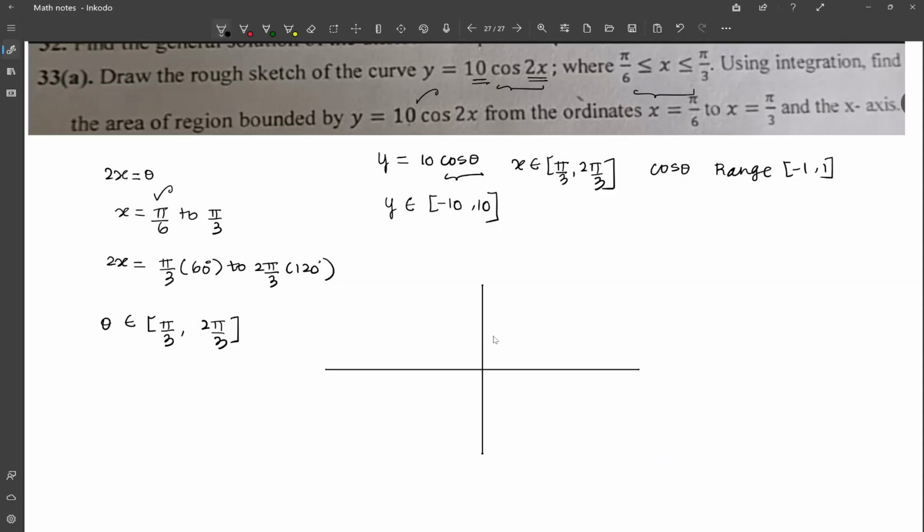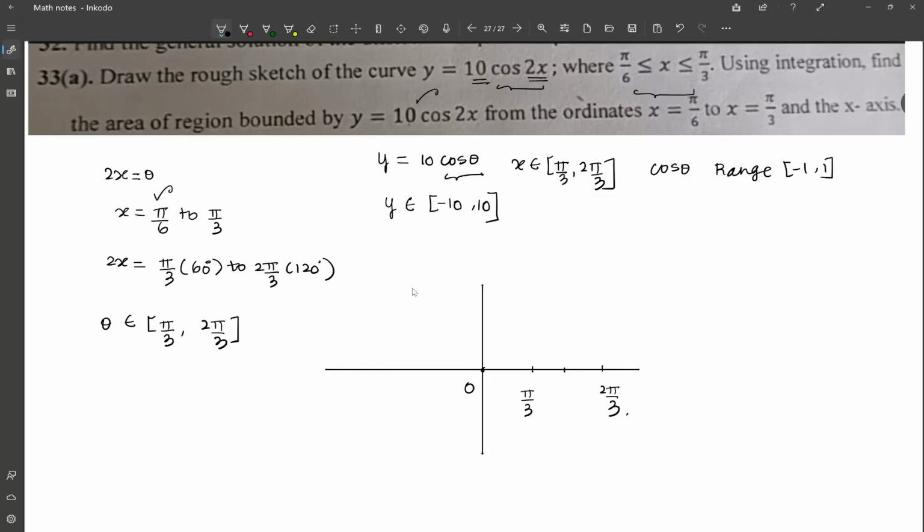Here, this is 0 and let's say this is pi by 2. Pi by 3 would be 60 degrees, which is somewhere here, and 2 pi by 3 would be somewhere here.